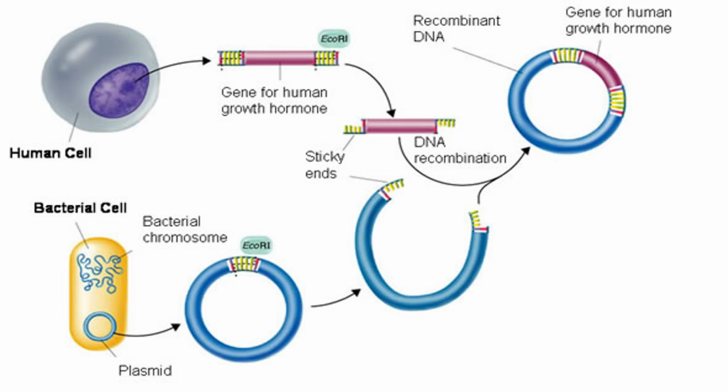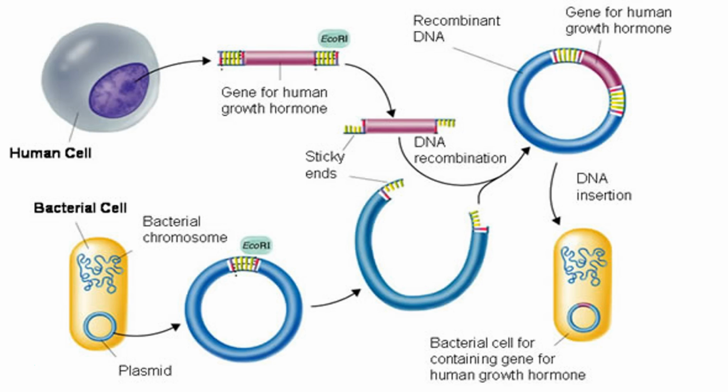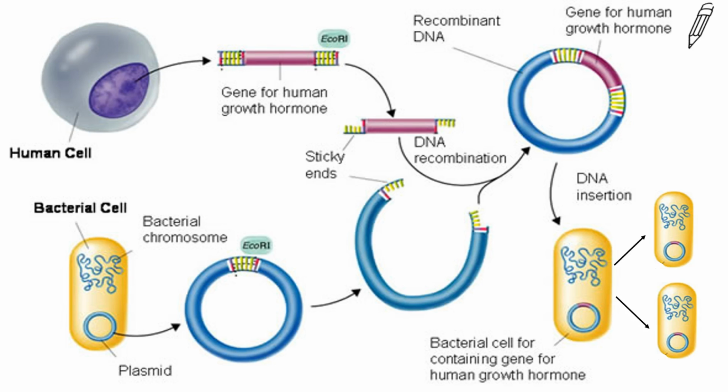Now this circular ring of bacterial DNA is called recombinant because it now has the gene for human growth hormone. Now the scientist inserts the plasmid back into the bacteria, and when this bacteria replicates asexually, when it splits into two other bacteria cells, each offspring is going to have that gene for human growth hormone.